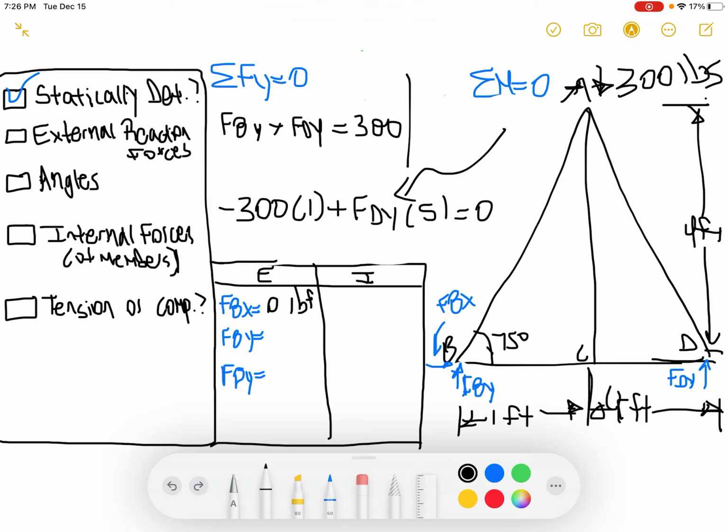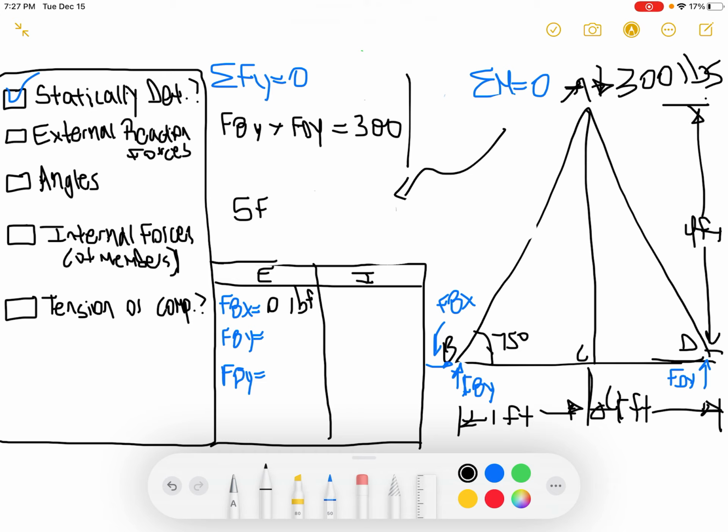Now, negative 300 times 1 is just itself. We can add 300 to both sides, and then we get 5 FDY equals 300.